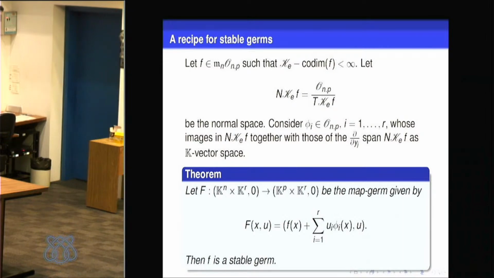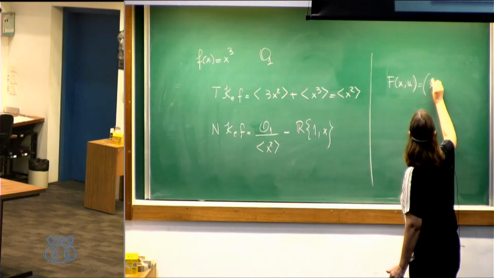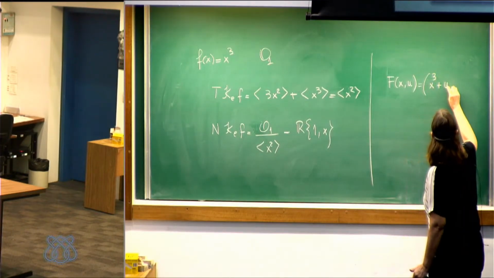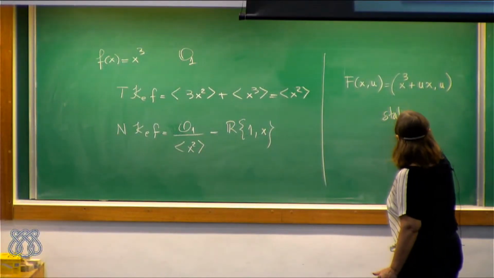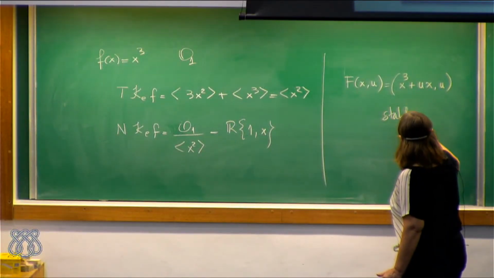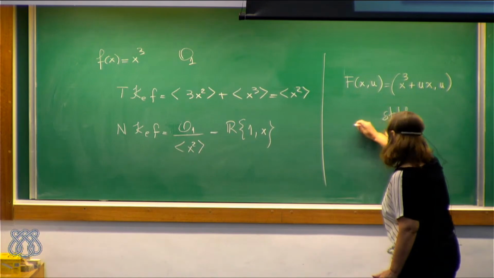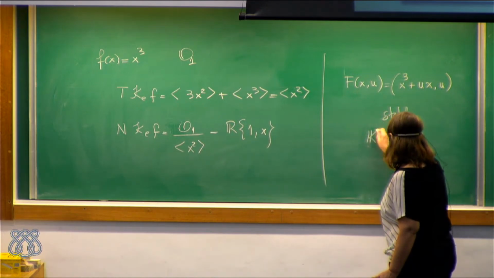So it's the following: F(x,u), because I'm going to drop this one, we can write as (x^3 + ux, u). So this is a stable germ from R^2 to R^2, K^2 to K^2.